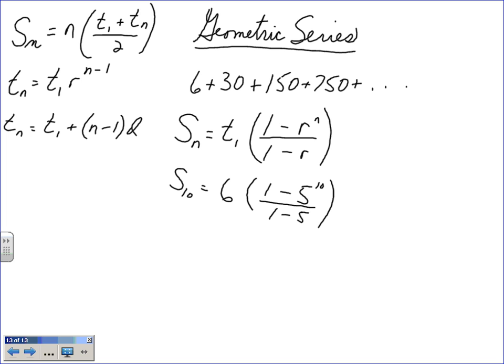That's a series that is going up. That's what I get in the parentheses, and then I multiply by the first term, which is 6. So the sum of the first 10 numbers of the series is 14,648,436. Okay?